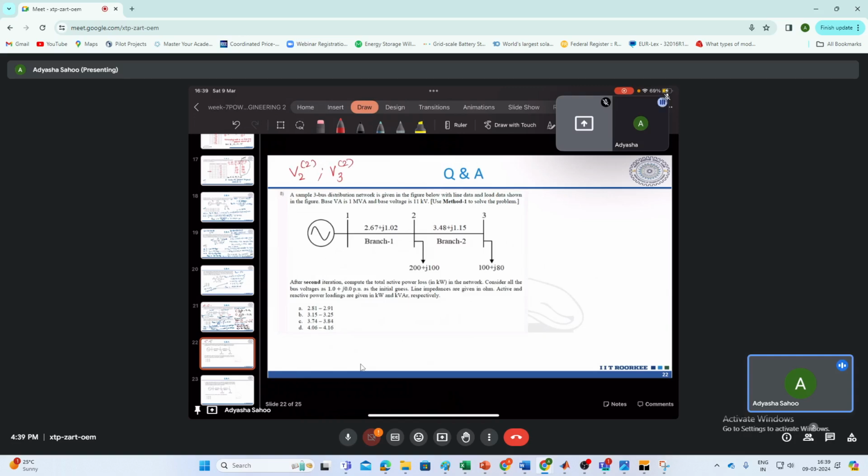Now using these values, you will compute the total losses. So P loss total will be P loss in line 1 2 and P loss in branch 2 3. Additionally, you can write Q loss as Q loss 1 2 plus Q loss 2 3.